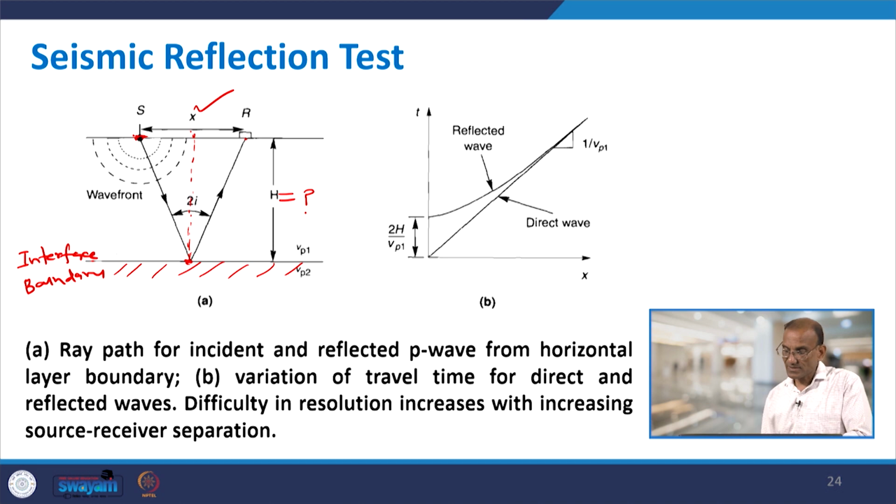Time is increasing continuously here. This will be the distance covered, and 2h over Vp1 will be the time. So, t stands for time on the x axis, and this is distance.